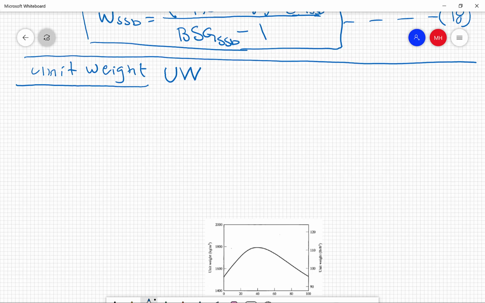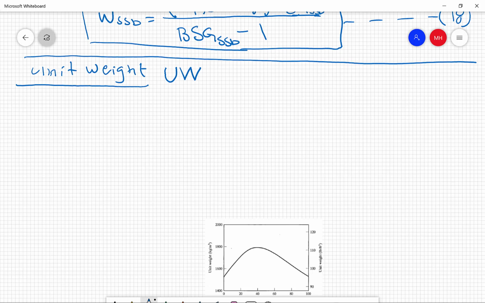So it is a density measurement, and it is also known as the bulk density. But this alternative term is similar to the bulk specific gravity, which is quite a different quantity, and maybe it's not a good choice. All right, so you remember that.